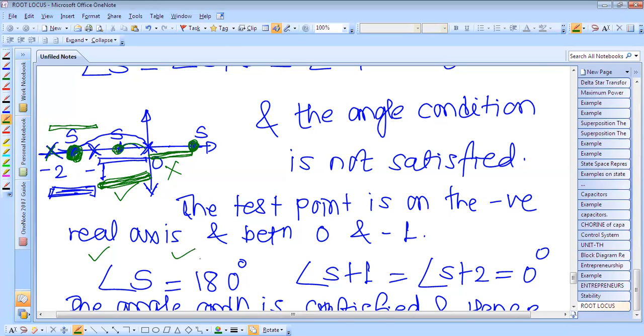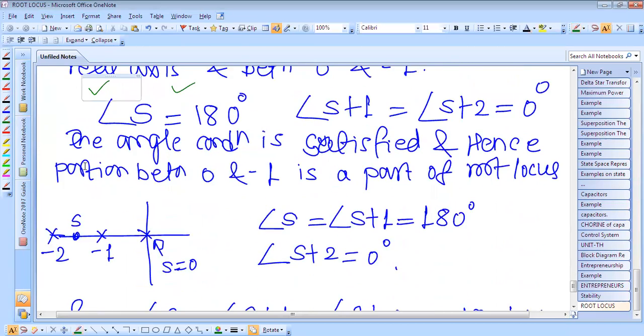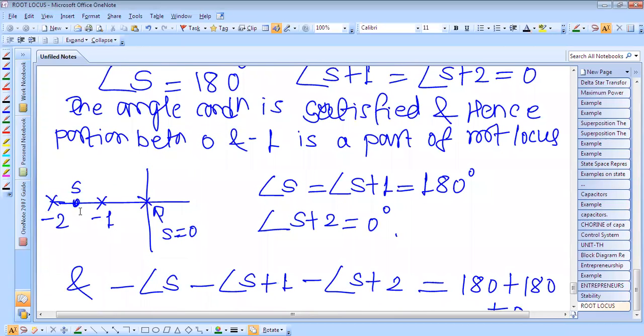The angle should be 180 degrees, so the condition is not satisfied. Therefore this portion is not part of the root locus.